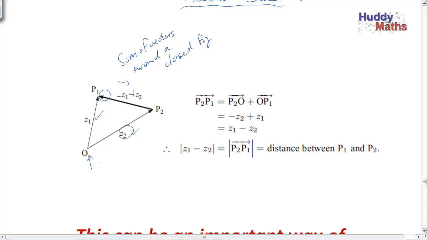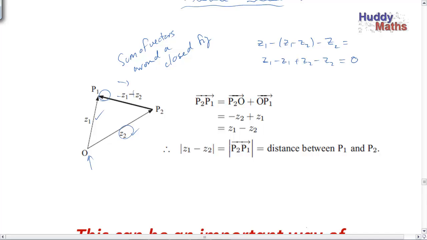Wow, that's true. Let's just do that again. Z1, take that vector Z1, take Z2 across the top, and then take Z2 equals Z1 take Z1 plus Z2 take Z2 equals the 0. We're back to the start, the 0 vector, if you like.